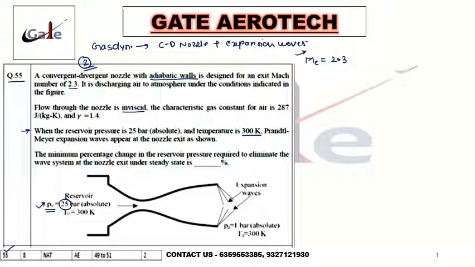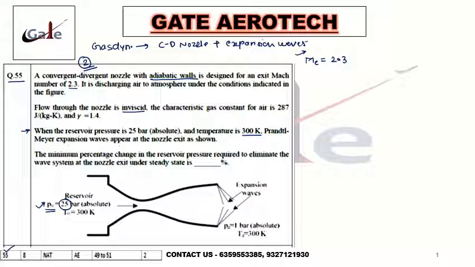That means heat will not transfer through the wall. I will tell you what else it means. It is designed, they have given everything. It is discharging air to the atmosphere under the condition. That means air is going out to the atmosphere, and the atmosphere properties they have given also.